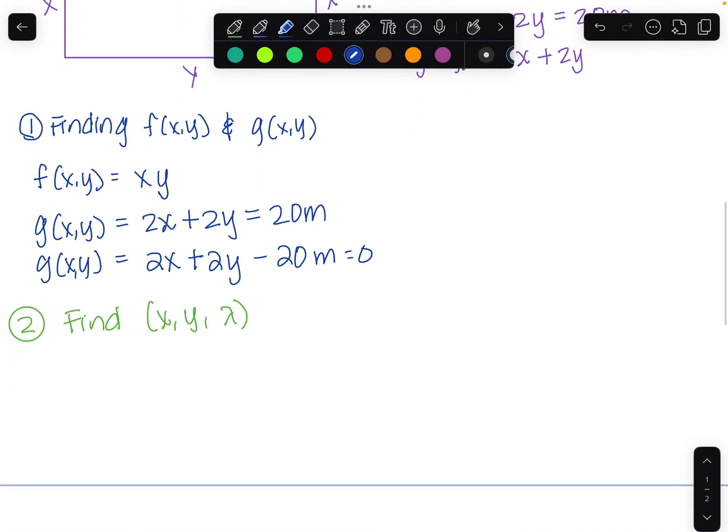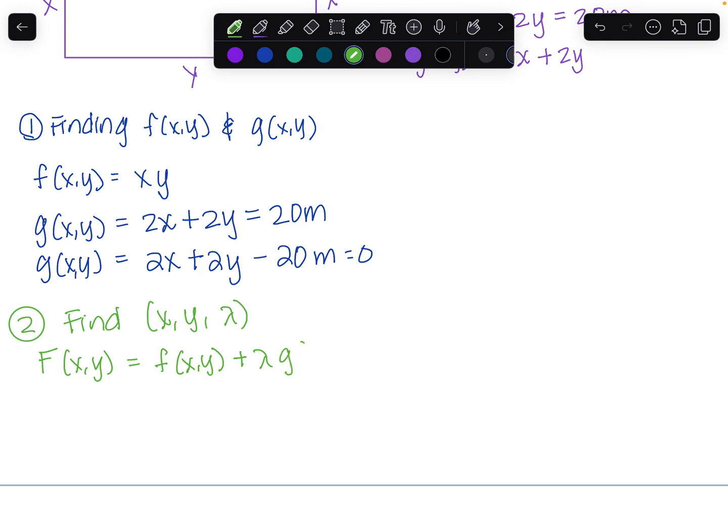So F of x, y is equal to f of x, y plus lambda times g of x.